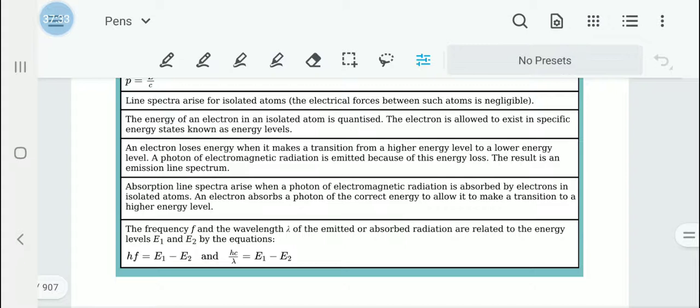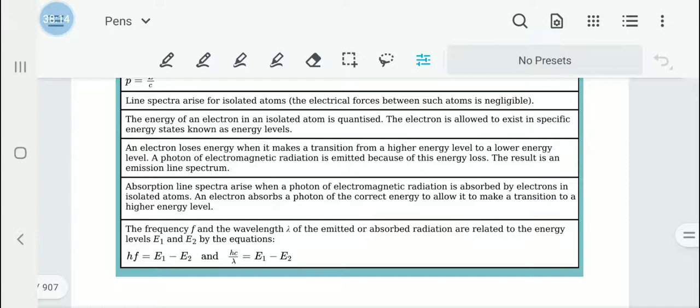Line spectra arise for isolated atoms because the electrical forces between atoms are negligible. Then the energy of an electron in an isolated atom is quantized. They exist in specific energy states known as energy levels. Then when an electron loses energy, it loses it in the form of a photon, with an amount of energy similar to the energy difference. So there would be an emission line spectrum as a result.